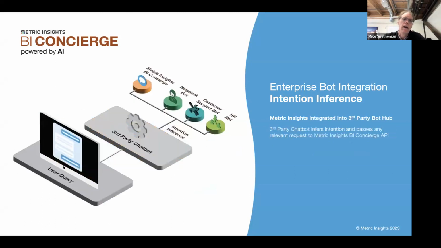More likely, this sort of Uber bot is getting created in the organization already. There's other technologies and platforms focused around this, and so any bot also has to have some sort of API into it, because if a user query comes in and it's determined it's a question around finding reports, we need to be able to receive that question, answer it, and pass the results back to the centralized bot that was asking it in the first place.